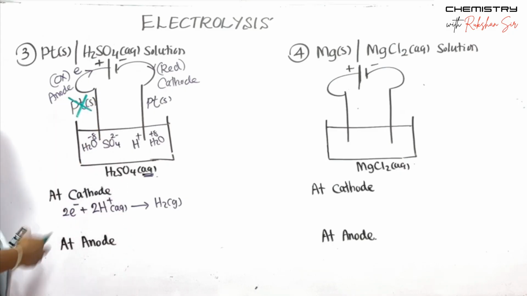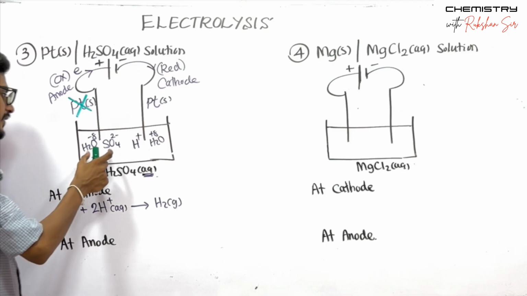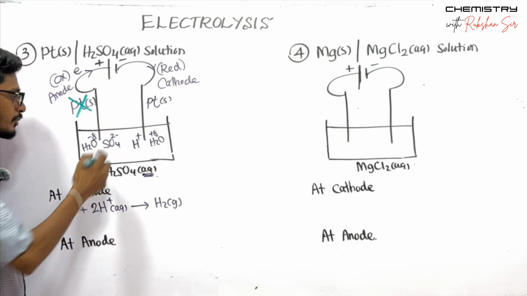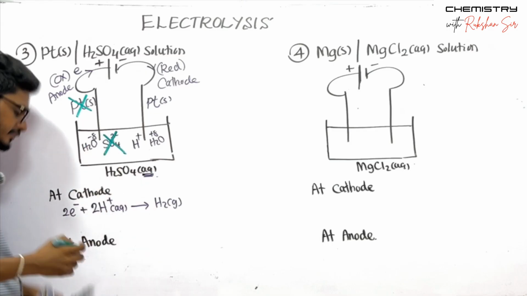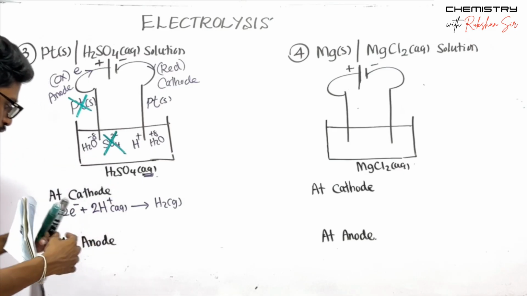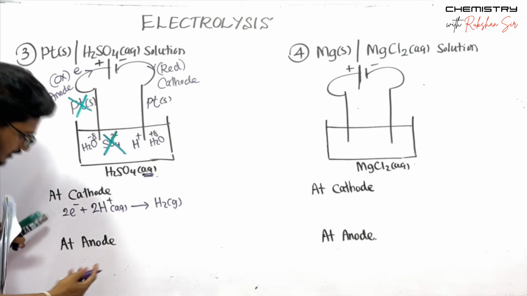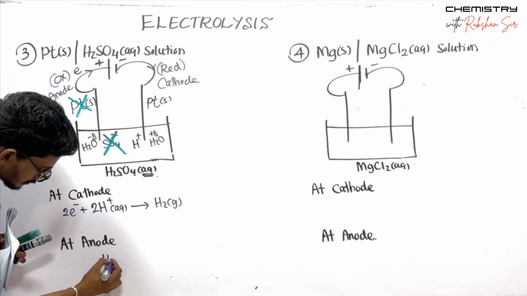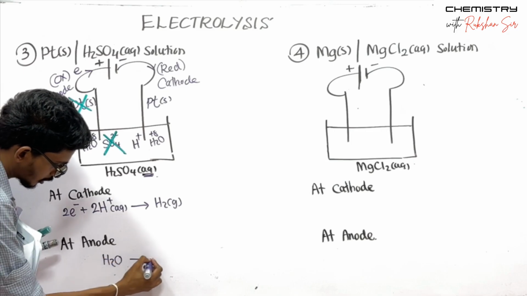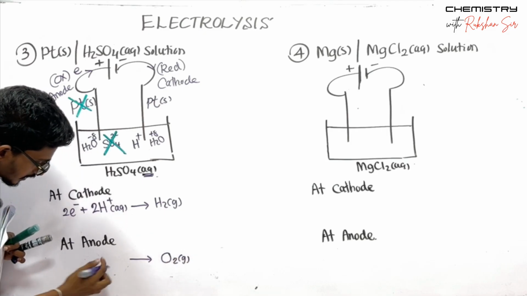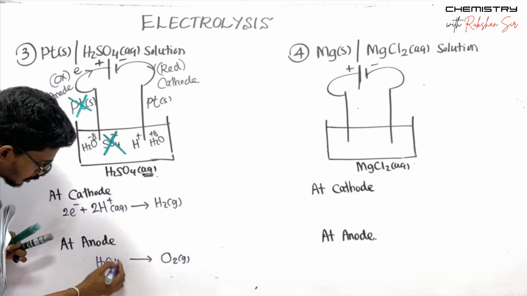No use there for the reaction. Then we are thinking of the species appearing in the solution. SO4 minus is a polyatomic oxygenate. No use. The remaining stuff is the H2O. So H2O is the one to get oxidized at the anode. So H2O will get oxidized to O2.